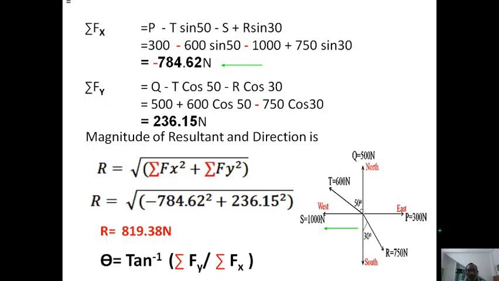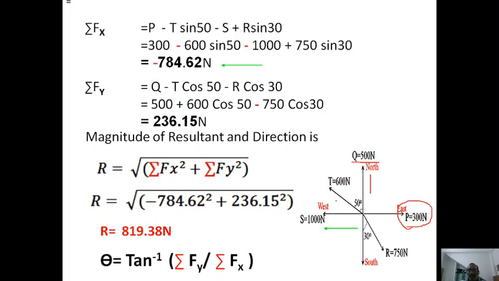P is purely horizontal, hence it doesn't have any component in the y direction. Hence P is 0 for sigma Fy, and Q is in the purely vertical direction, hence it should be taken as Q, and positive because it is the pure positive y direction, upward direction.